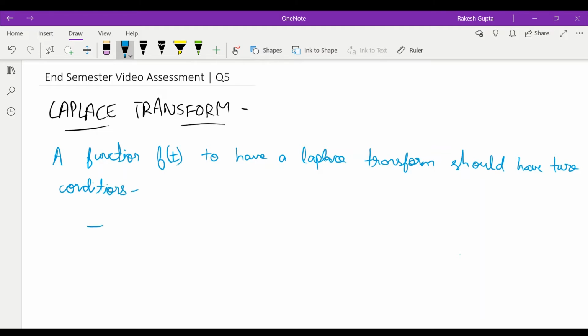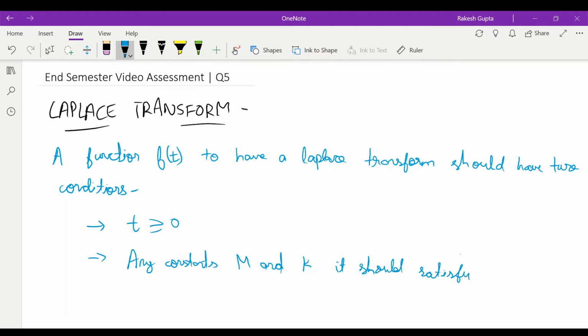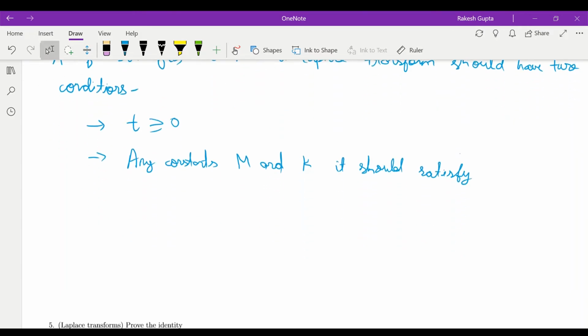These conditions are, one, t should be greater than or equal to 0, and the second condition is that for any constants m and k, it should satisfy this.